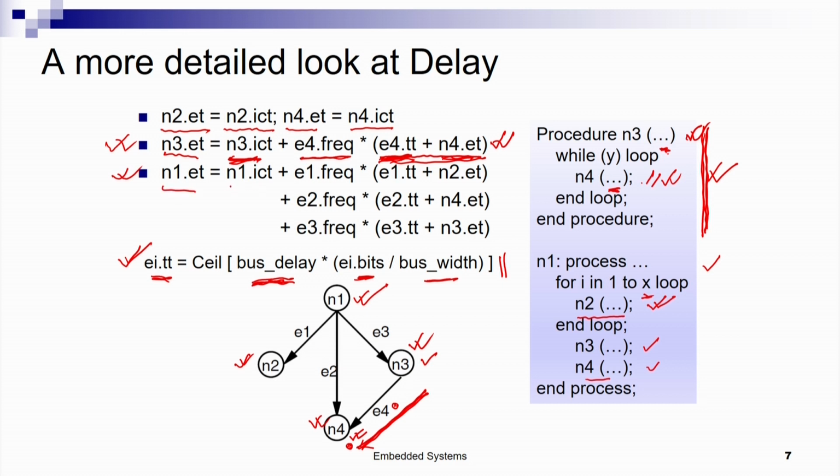N1.Et equals N1.ICT plus E1.frec times E1.Tt, the transmission time, plus N2.Et for this one, plus E2.frec times E2.Tt plus N4.Et for this one, and E3.frec times E3.Tt plus N3.Et for this one. So, this is the total time of N1.Et.